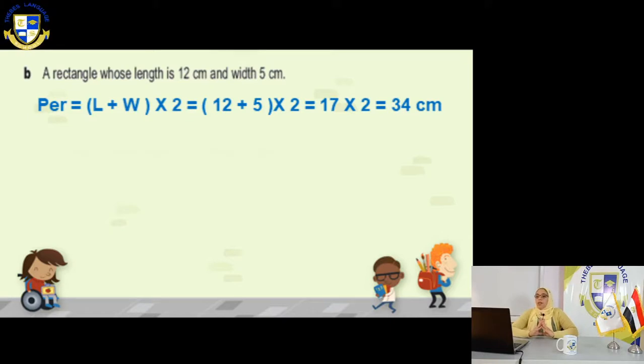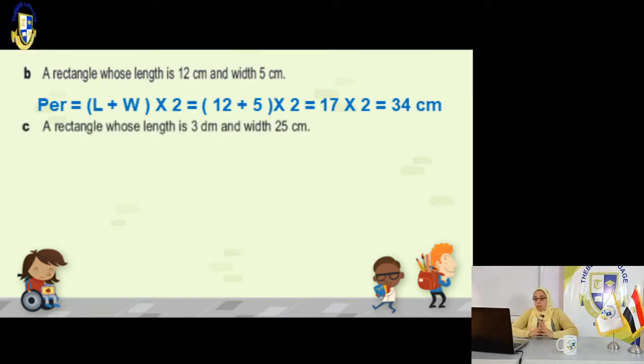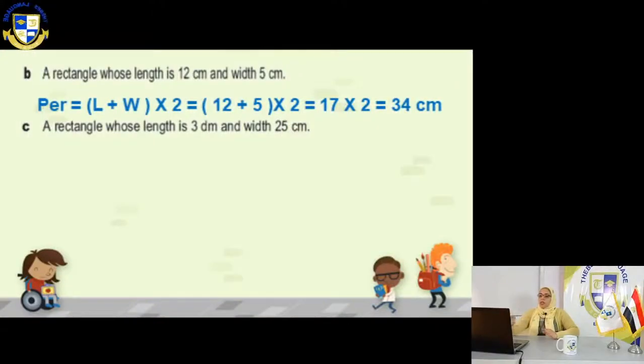Number C, a rectangle whose length is 3 decimeter and width 25 centimeter. Be careful. We said at the first of this lesson, we can calculate in different units, so we must make them the same. In an easy way, we convert from big to small. Which is bigger, decimeter or centimeter?